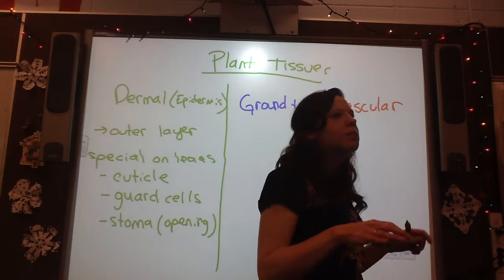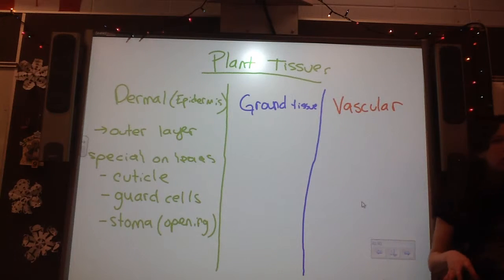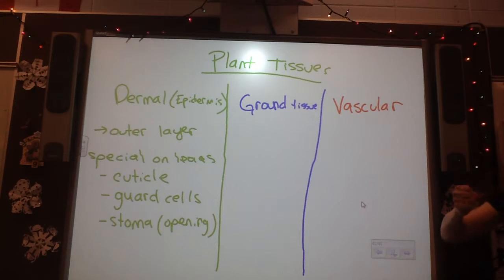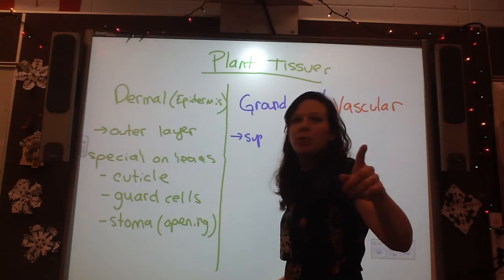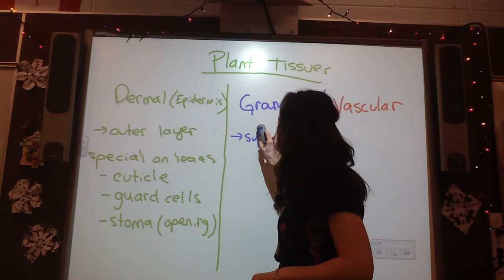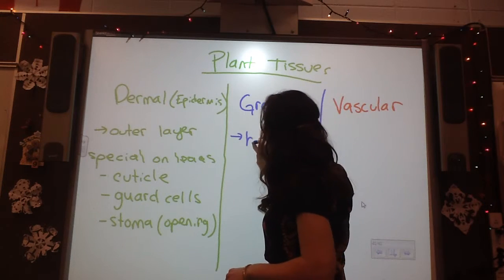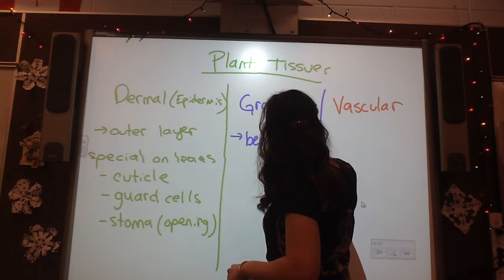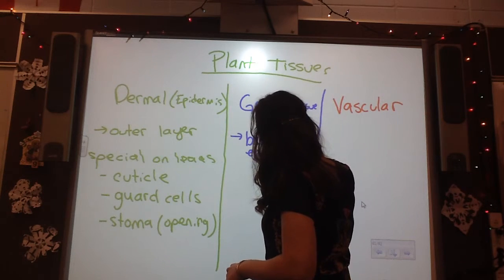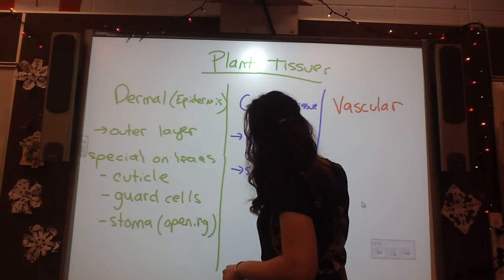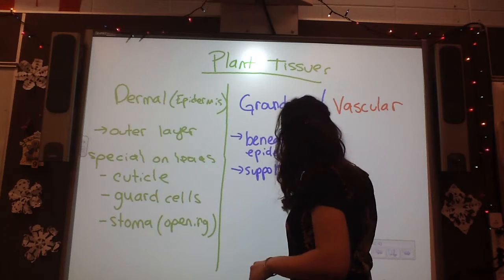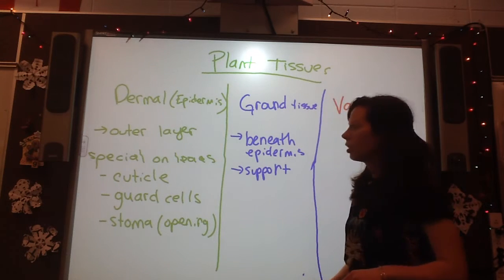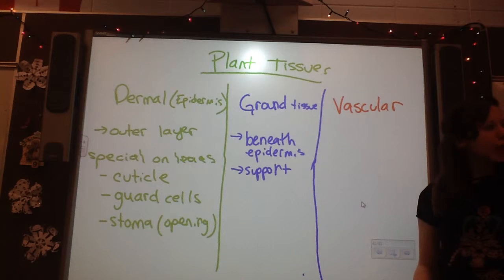Ground tissue, what was its main job? Support, yeah. Oh, and we said it was beneath the epidermis, right? I guess that was the location. So beneath epidermis. Support. Was there anything special about ground tissue that we should note? Yeah, in the leaves we had a special kind.